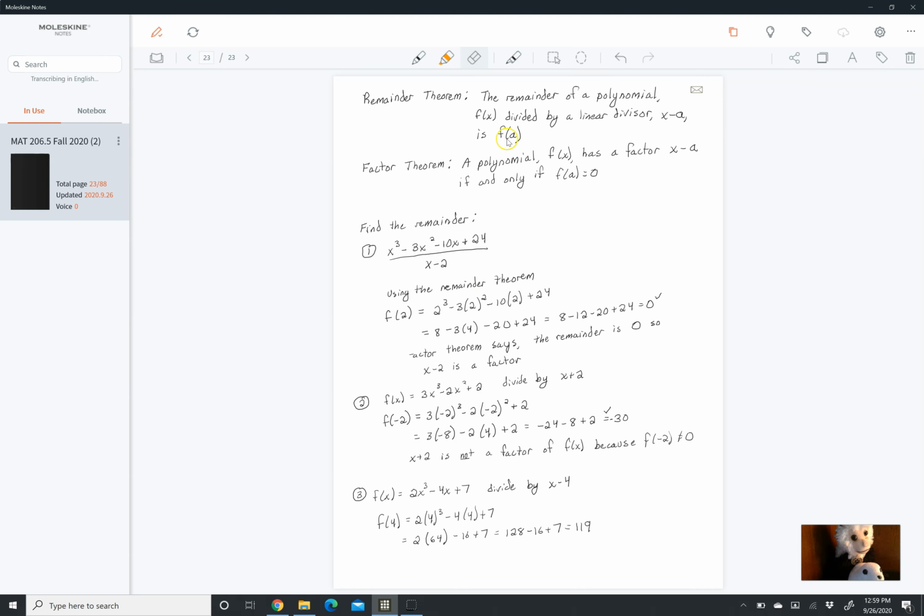The remainder theorem says 119 is the remainder.